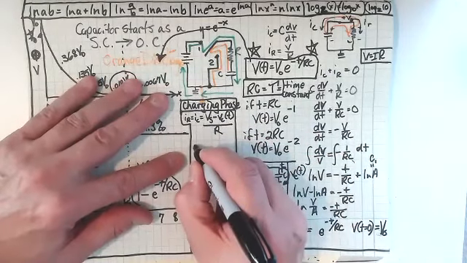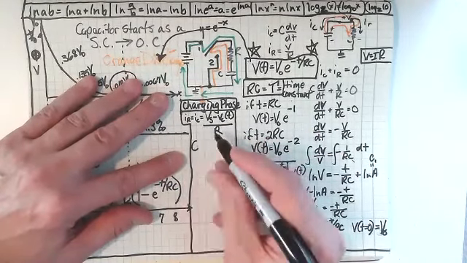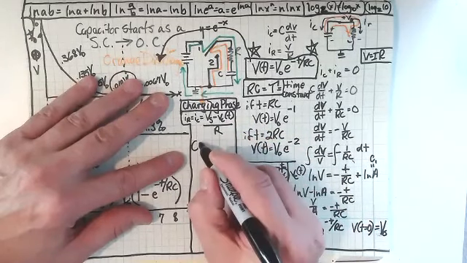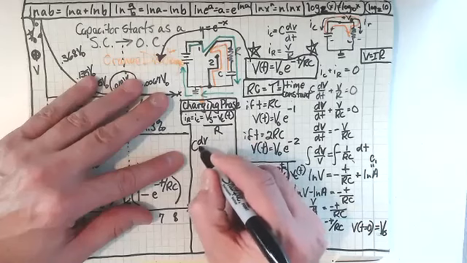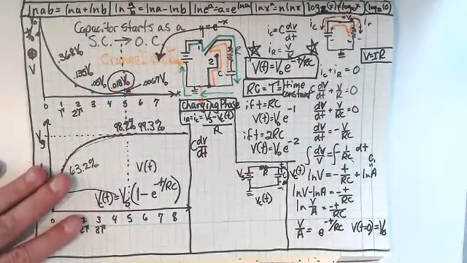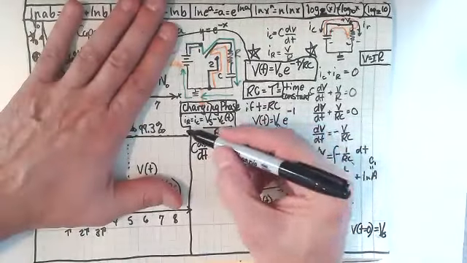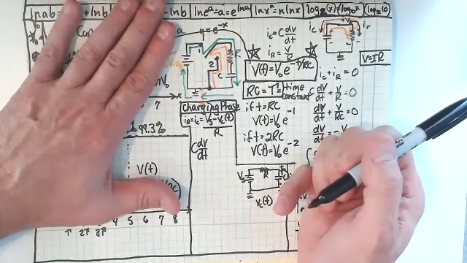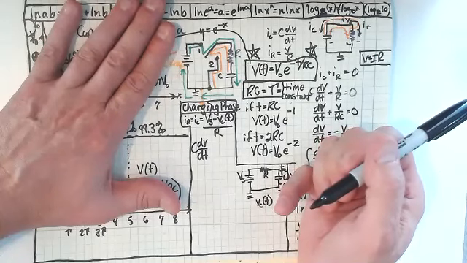Well, we know that the time variant form of I sub C is C dV/dt. We used that before. And then if we take this over to the other side so that we can make this equal to 0, I'm not even sure why we have to do that though.